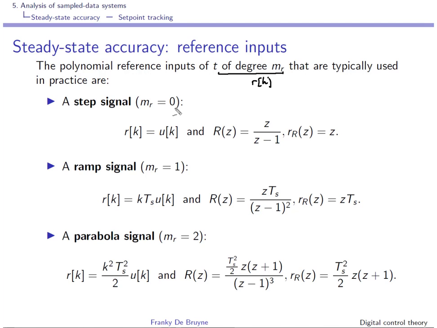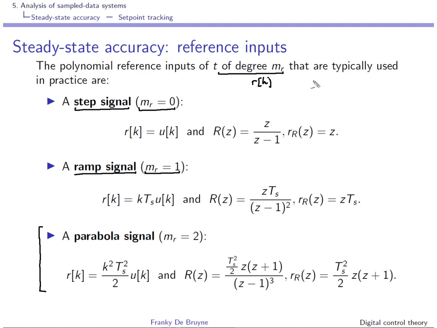Typically we'll consider m_R equal to 0, which corresponds to a step signal, and m_R equal to 1, which corresponds to a ramp signal. This one is hardly ever used in practice, so we'll leave it aside.